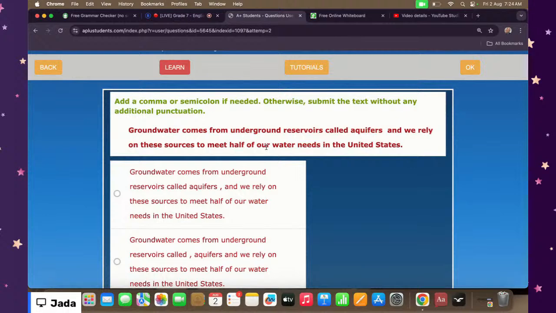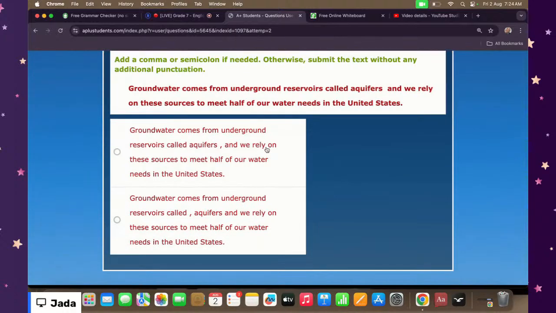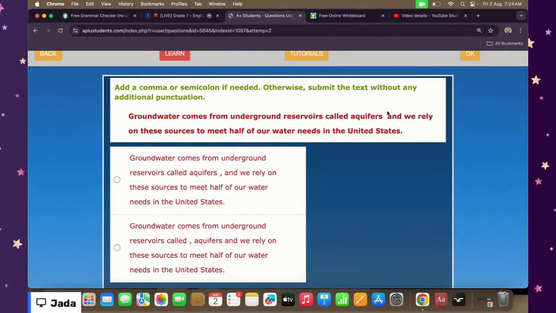So, this is a coordinating conjunction here. So, it is connecting the two independent clauses. Okay, so you need to have a comma before that. A comma comes before the coordinating conjunctions.